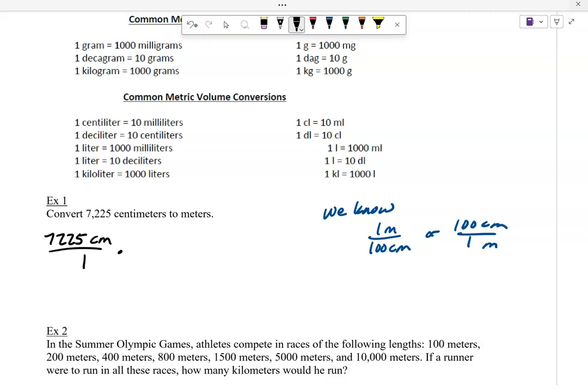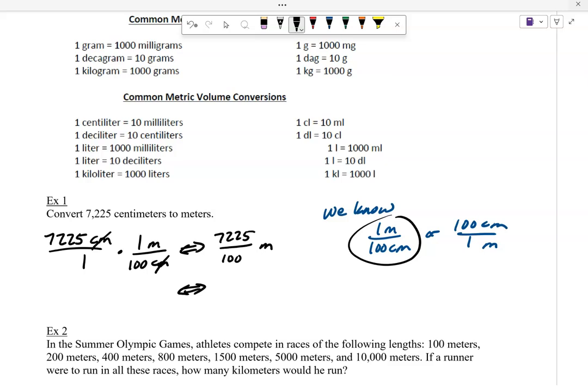Now we're trying to get rid of centimeters and convert to meters, so we want centimeters on the bottom. For every 1 meter, there's 100 centimeters. Centimeters cancel. So I got 7,225 times 1 over 1 times 100. Now I'm in meters. So we get 72.25 meters once we divide that.